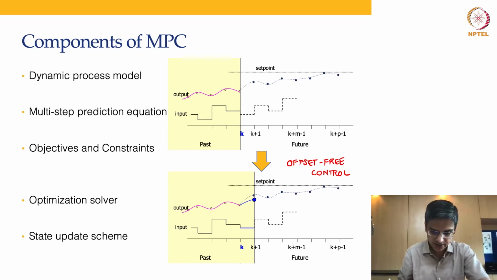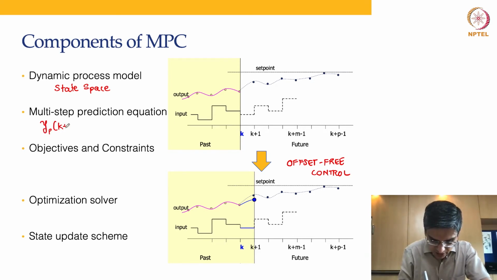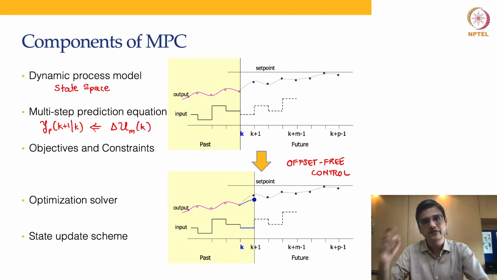The first component is the dynamic process model, and this week we are talking about MPC which uses a state space model. We build a multi-step prediction equation in the form of yp k plus 1 given k, in response to the input moves delta um k, which means we are going to predict yk plus 1, yk plus 2, yk plus 3 up to yk plus p using the input moves uk plus 1 up to uk plus m minus 1.